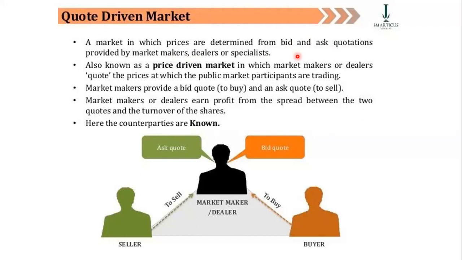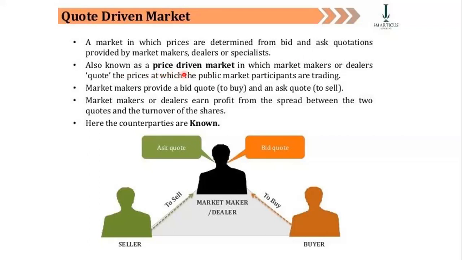You can find the bid and ask price, but you cannot observe the number of units of currency available. They do not disclose the number of available currencies, right? They are showing us only the two types of price, bid and ask quotations, the bid price and ask price.